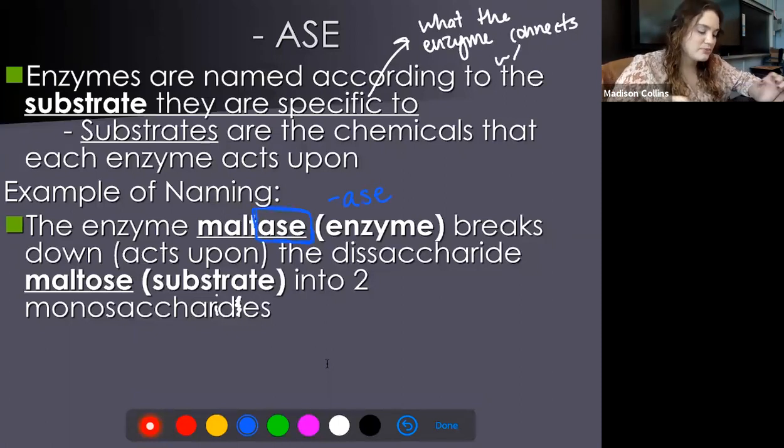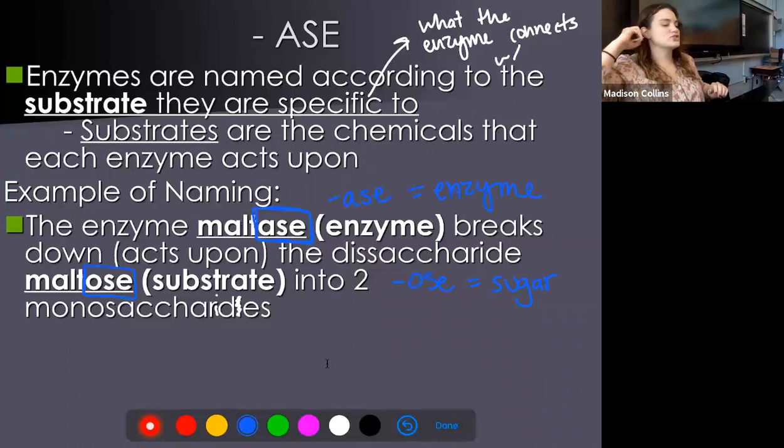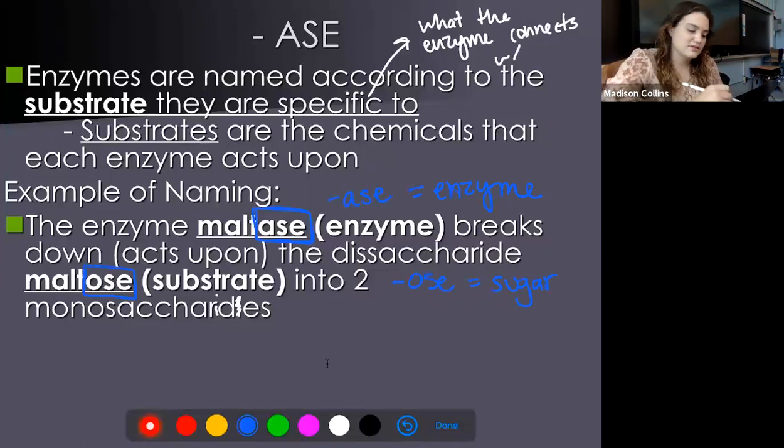Maltase works on maltose, so they're named almost identically except for that ending. Whenever something ends in OSE, that means it's a sugar. So ASE is enzyme, OSE is sugar. Maltase works on the substrate maltose.